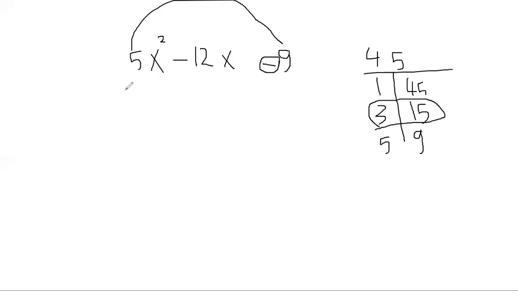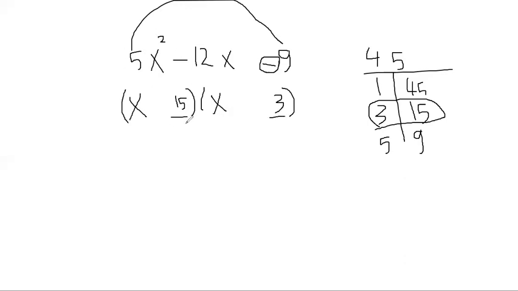Now open two brackets like this and write x in the first and x in the second. Okay, and the two factors of 45, which are 15 and 3. Divide both by the coefficient of x squared, which is 5.